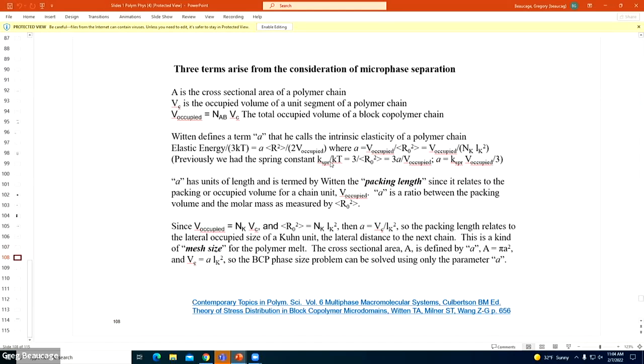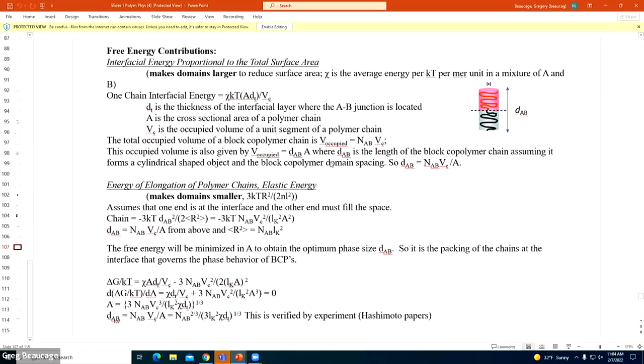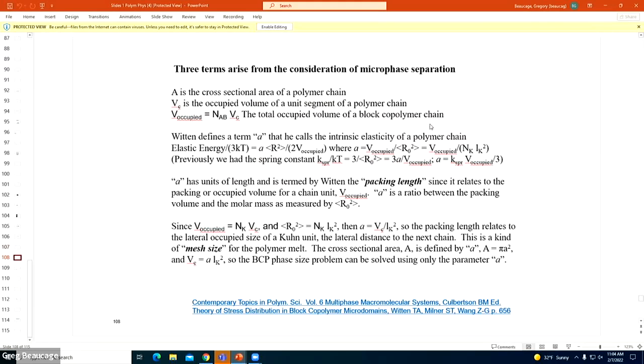Anyway, Witten did this, and then he figured out there was a number, this packing length, which he called the intrinsic elasticity. Later it was called the packing length by Lohse. It has to do with the lateral size of the chain. He got interested in this number, that it meant something.